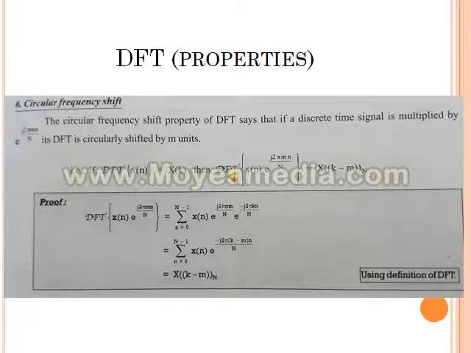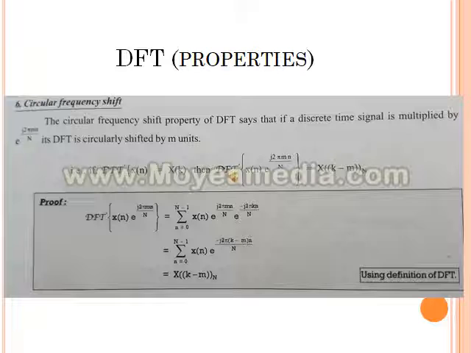The last property we are covering in this lecture is circular frequency shift. The circular frequency shift property states that if we multiply the sequence x[n] by e raised to the power j 2 pi mn by capital N, the resultant DFT will be shifted by m units.